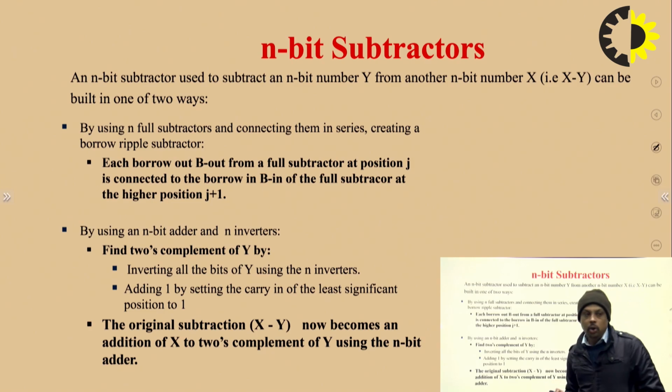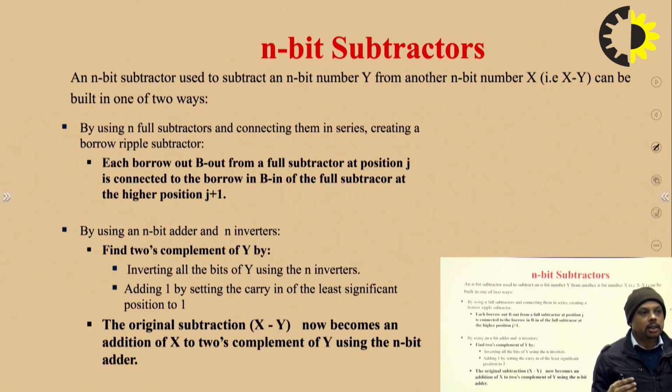Now if we want to subtract an n-bit number from another n-bit number, we can use an n-bit subtractor. In the case of an n-bit subtractor, there is a 3-bit subtraction over here.